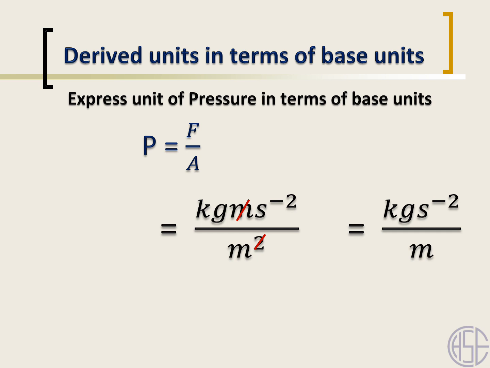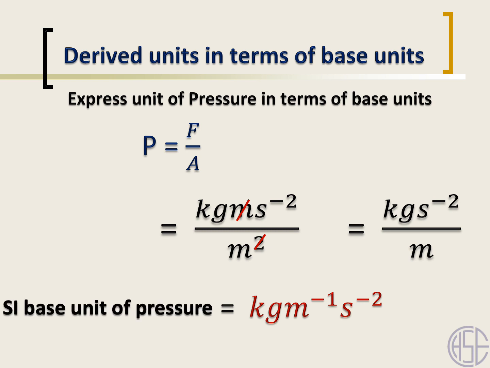So I'm taking the m to the numerator, so it becomes the reciprocal, m to the power of -1. So this is the SI base unit of pressure. So we have converted pascals into its base units. Like this you should be able to convert any physical quantity into the base quantities, or base units.